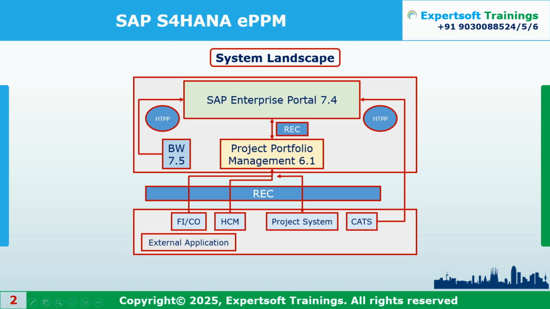From 2024 onwards; till 2023, it was a different license cost for the PPM as well as the CPM. But from 2024 onwards, it has been linked with the same license cost only. Once you take this ePPM, under that you will get the PS along with the PPM, CPM, and the ECP connectors along with the innovation management.